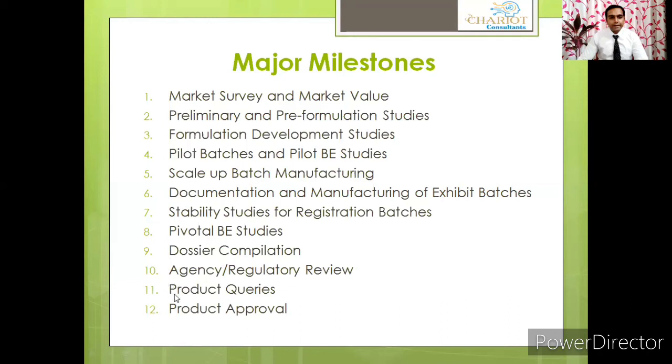The agency gives you a small amount of time to answer those queries. Once you have responded, finally you have a drug product approval in your hand. So basically these were the steps included, starting from your lab to your exhibit batch manufacturing.